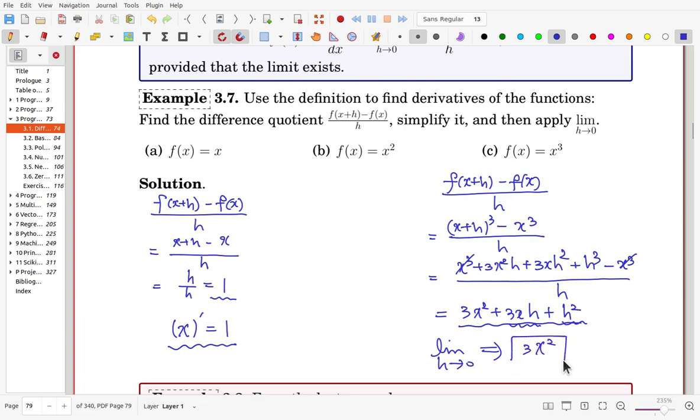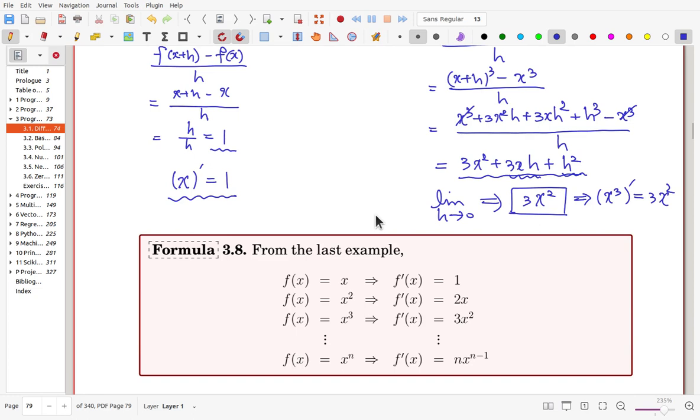Okay, that's the limit, which means that the derivative of x cubed is same as 3x squared, right? For this one, if you do the same, then we'll see the derivative of x squared will be 2x.